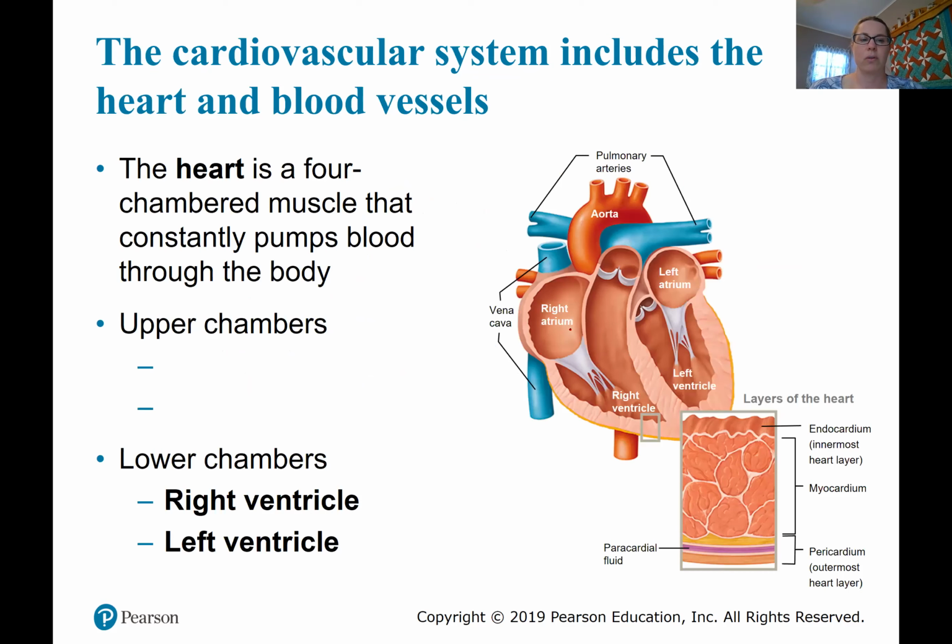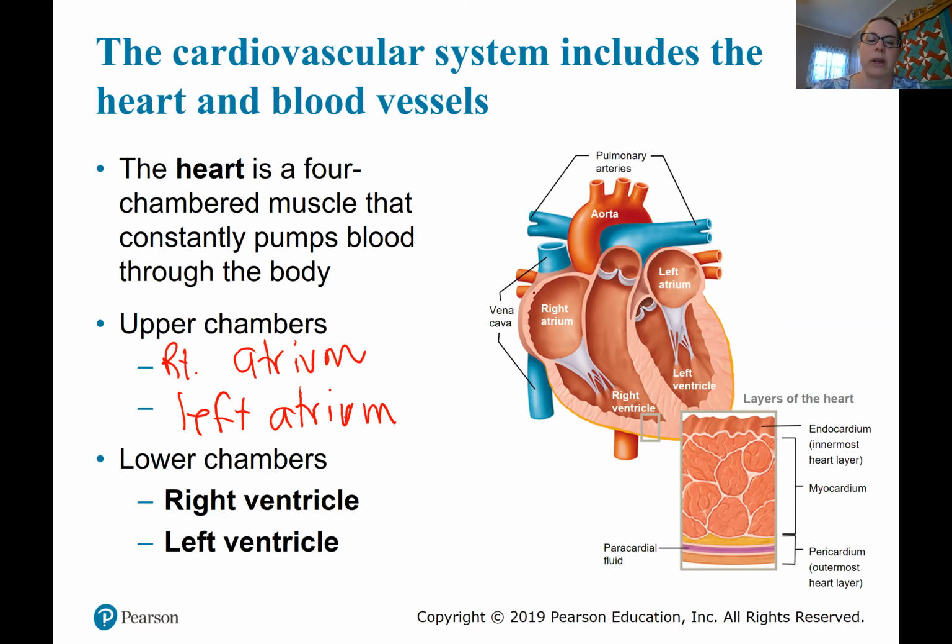Okay, so just really quick review on the heart. The heart has 4 chambers. Hopefully my anatomy physiology graduates or those that have had it this semester can remember these. There's the right atrium, the left atrium, and those two make up the upper 2 chambers, and then the lower chambers are the ventricles.